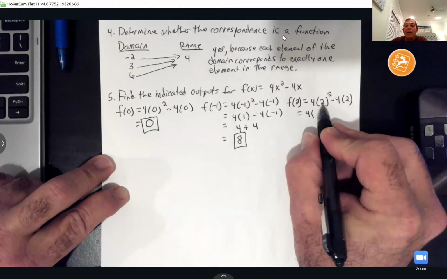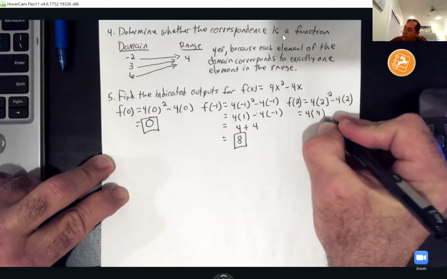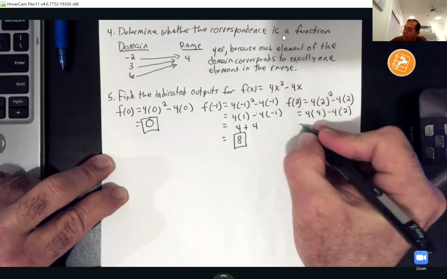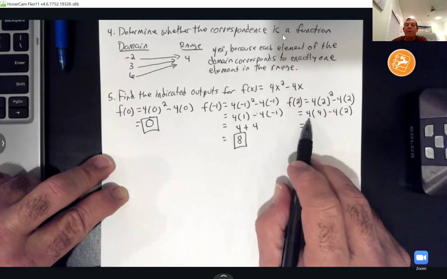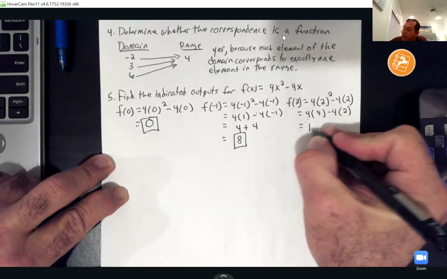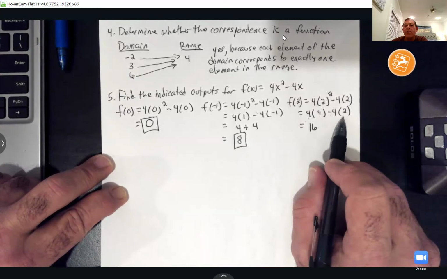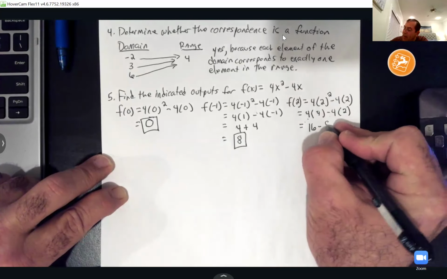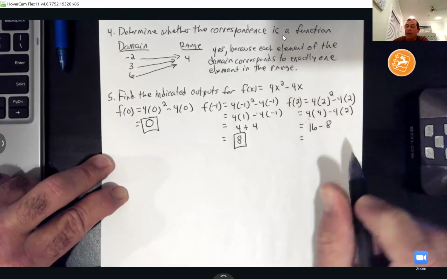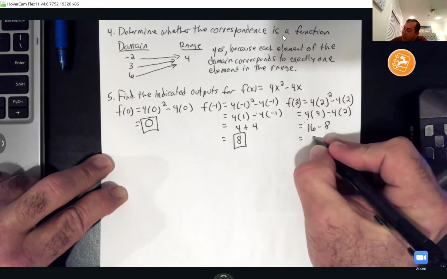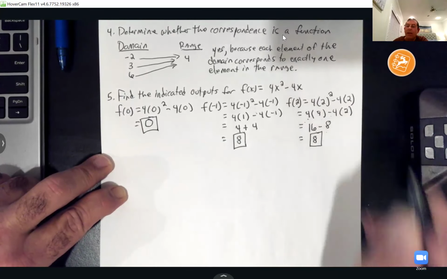Well, 2 times 2 is 4. And I'm just bringing everything down. All right, so I'm going to multiply here. 4 times 4 is 16. Now I got a -4 times that 2, which will be a -8. And then, y'all, 16 minus 8 gives me a final answer of 8.